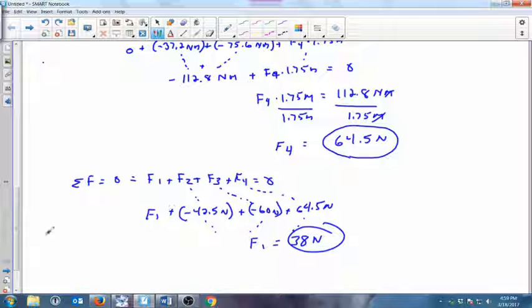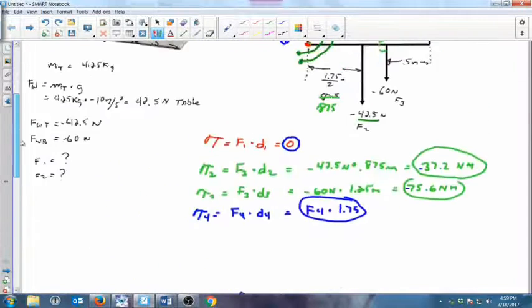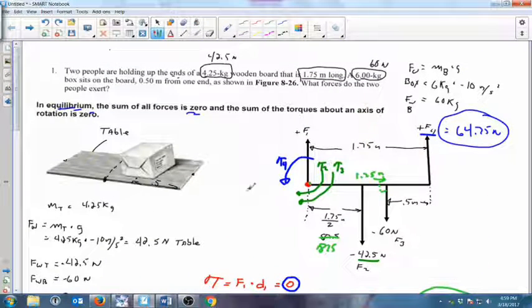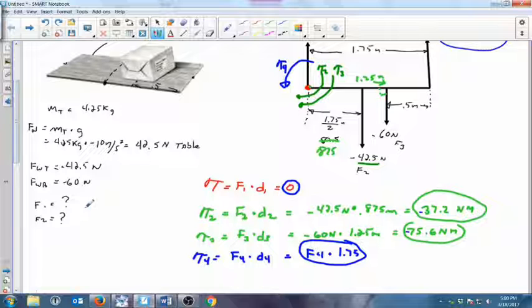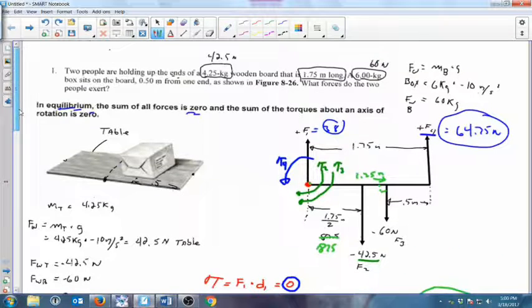So let's go up and see if that makes sense. I've got 38 newtons pulling up. I've got all my answers solved. I've got F1 and F4, which is what I was looking for right over here. Let's see if it makes sense.